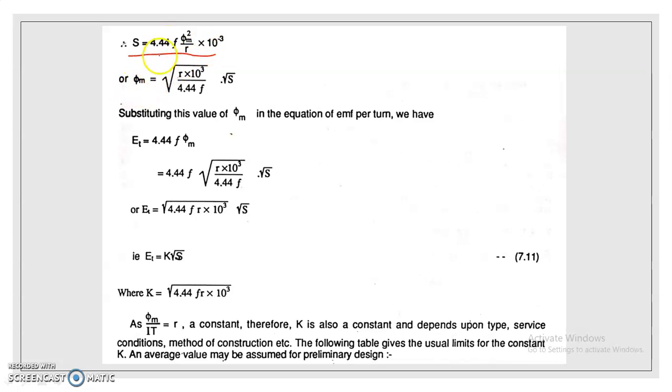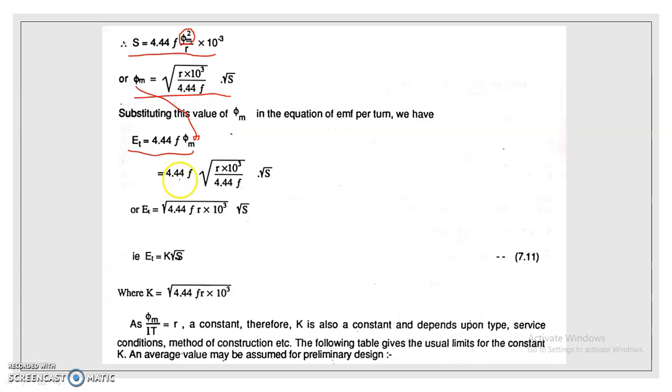So adjust this equation for phi m to calculate phi m. You will get the equation phi m is equal to root of R into 10 raised to 3 upon 4.44 f into root S. We know the EMF per turn equation of the transformer, that is ET is equal to 4.44 f into phi m. Just put this value of phi m here.